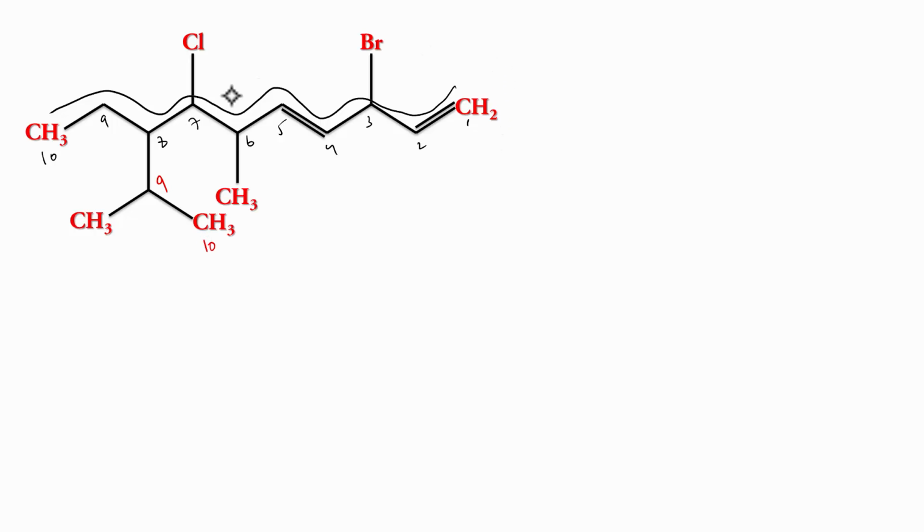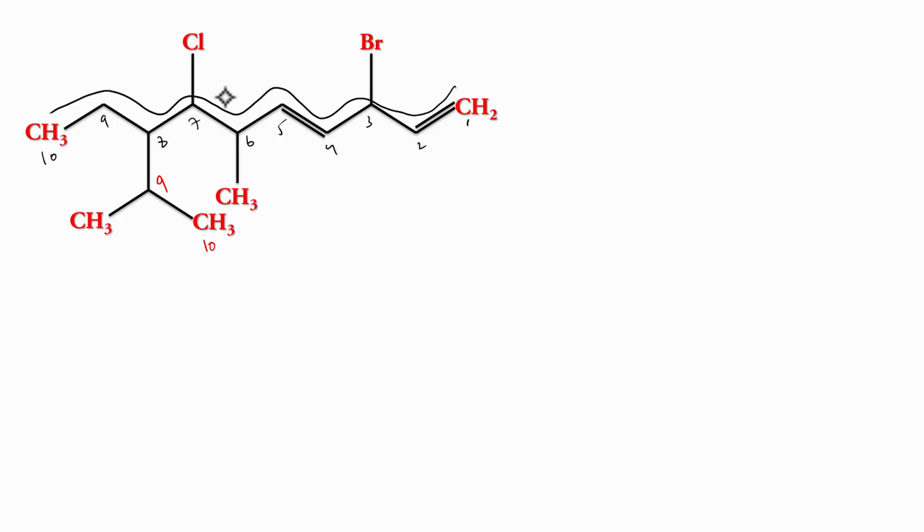So 10 on this side, 10 on this side, both have two double bonds. So the first rule of maximum number of multiple bonds remains the same in both. Then comes maximum carbon atoms, it remains the same. The third rule for alkene says maximum number of double bonds, even that remains the same in this case.